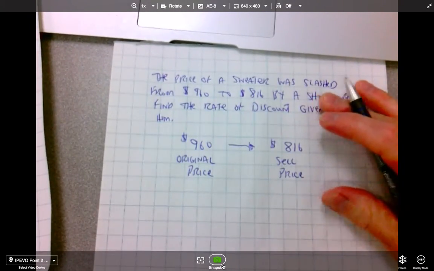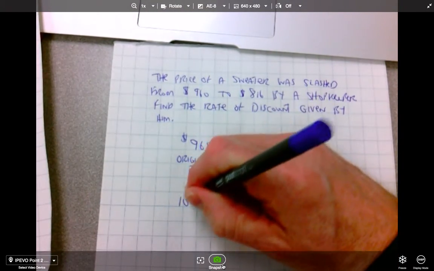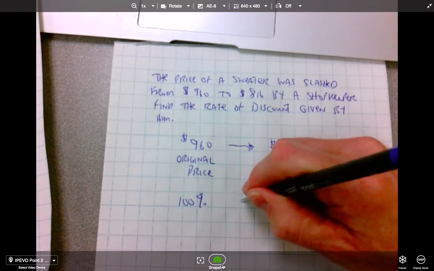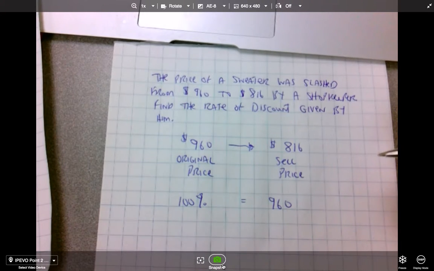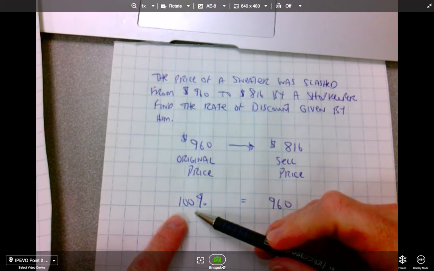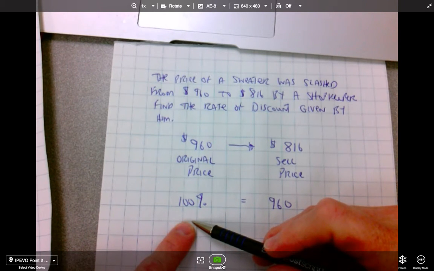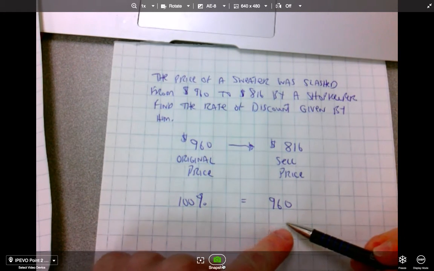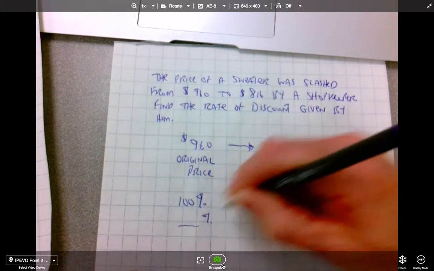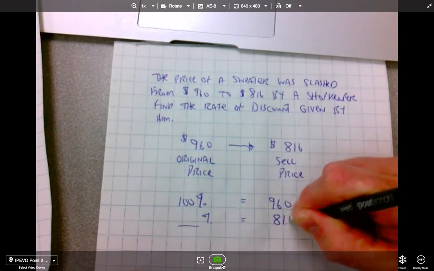So 100% of the price is $960. But we want to know what percent has been taken off to get to $816. So what percent is going to give us $816?